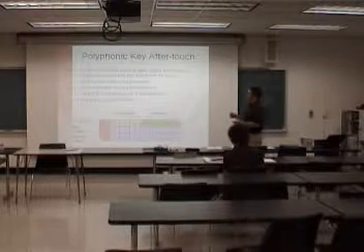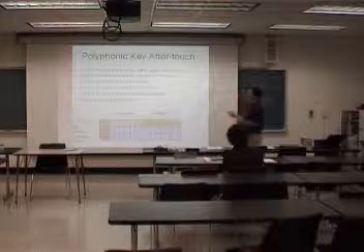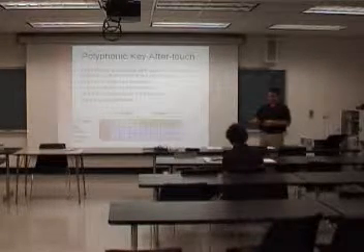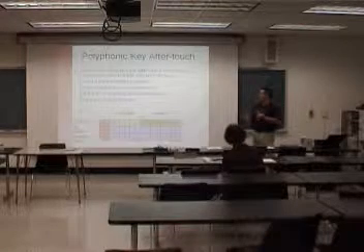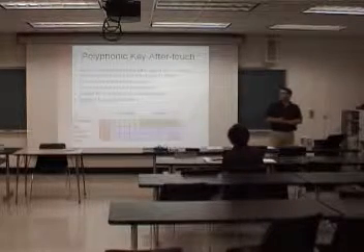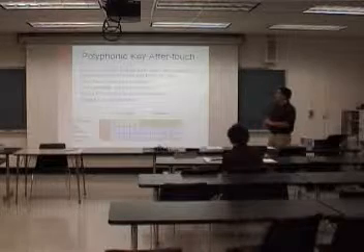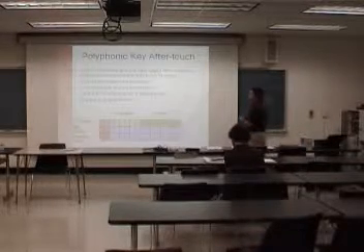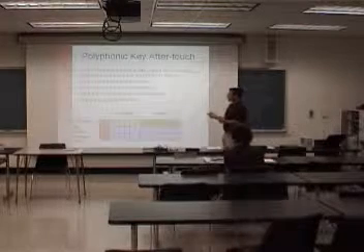So aftertouch gives one way of controlling that: you hold down the keys, and how you hold them down determines how the note sustains. There are a couple ways of doing it. Polyphonic key aftertouch applies to a specific key.